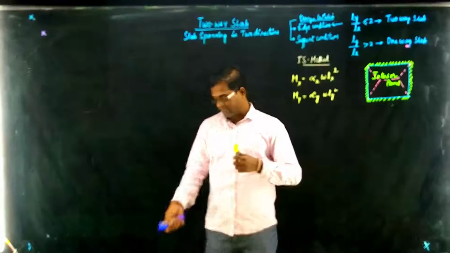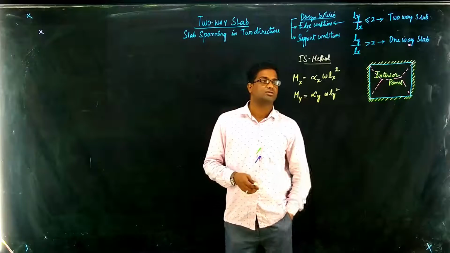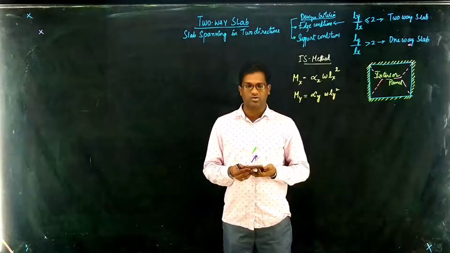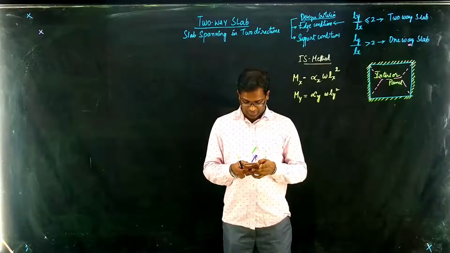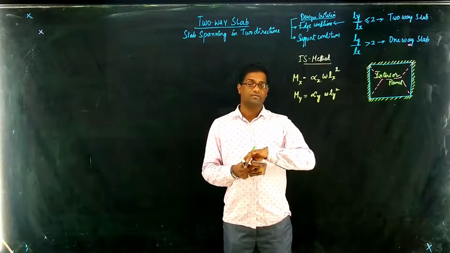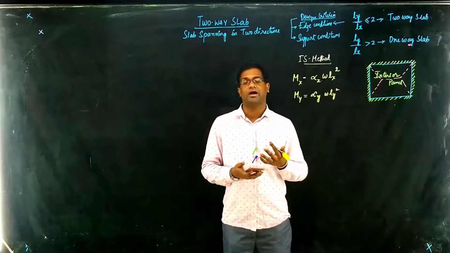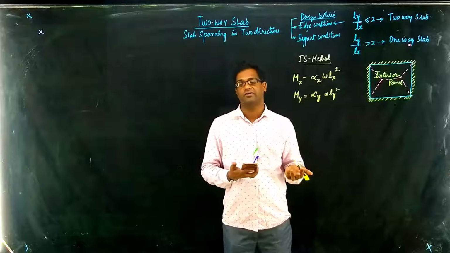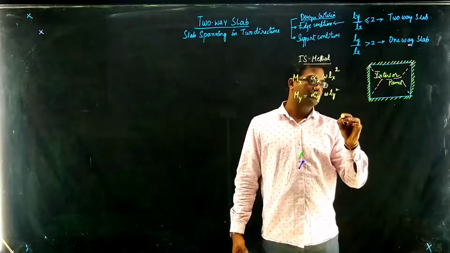Now, in this design, we will talk about why this has different principles, and when you compare it with the one-way slab, the entire behavior of the slab is totally different from a two-way slab.